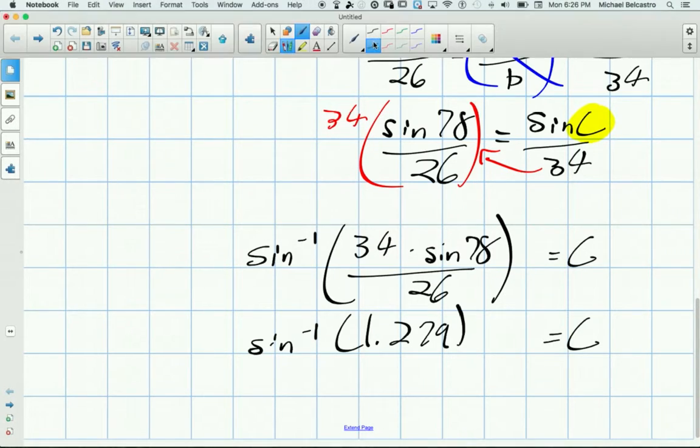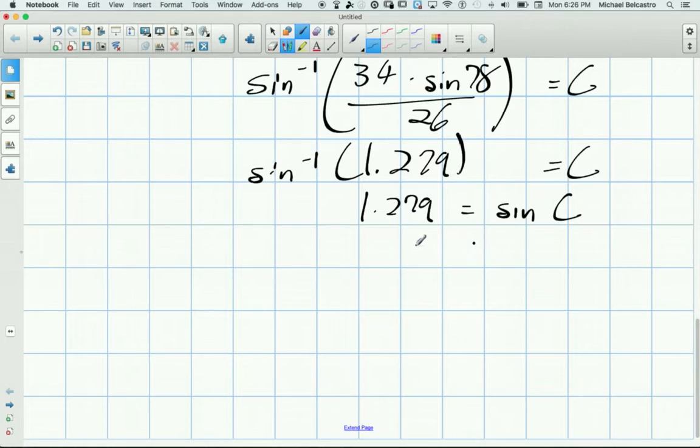Well, this is not a number because what we have here, if I bring sine back over, 1.279 is equal to sine of C. Well, we know that sine is equal to the opposite over the hypotenuse. So sine C is equal to that. In order for this to be true, the hypotenuse of any right angle triangle has to be the longest side.